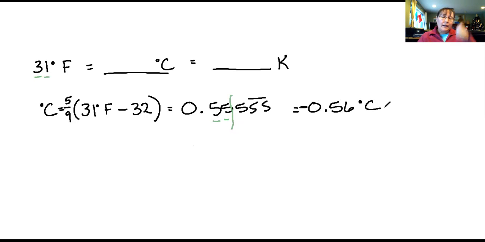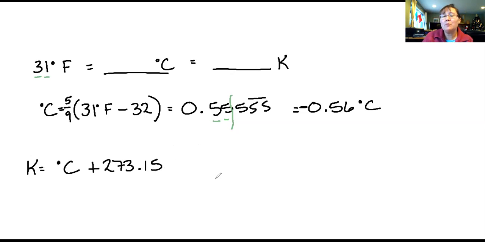Okay. Now, in order to go from Celsius to Kelvins, remember that our Kelvin temperature is our Celsius temperature plus 273.15. Now, because this is adding and subtracting, I'm going to line these up so that I can see where my lowest decimal point lies.